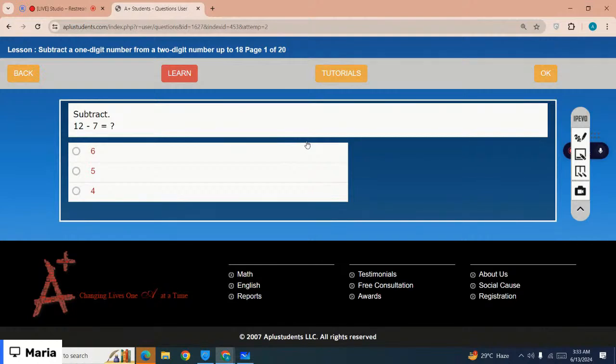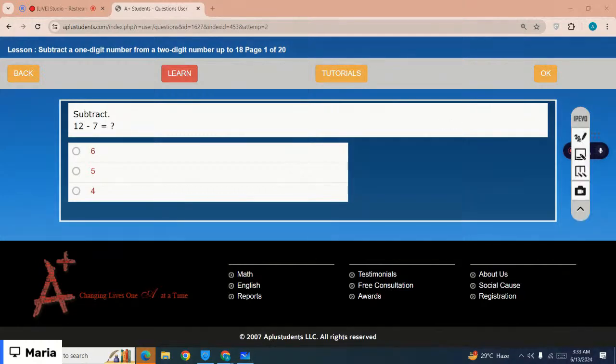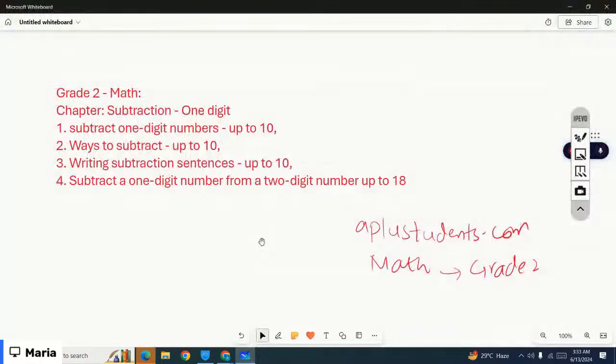You can count back, right? Start with 12, count back until 7. Hold on. 12 minus 7. So 12, 11, 10, 9, 8, 7. So you have 1, 2, 3, 4, 5. 12 take away 7 is 5.